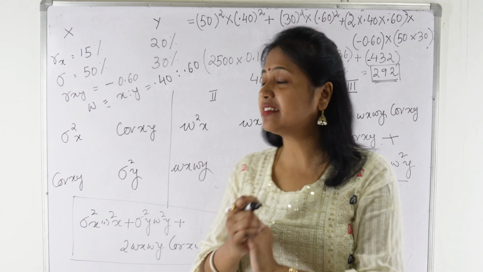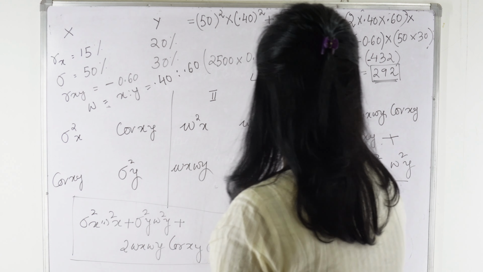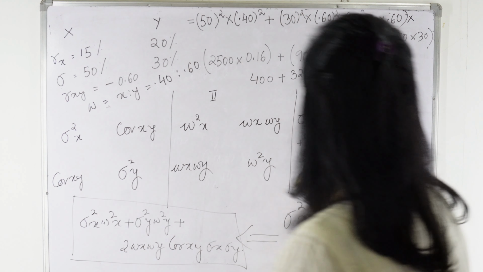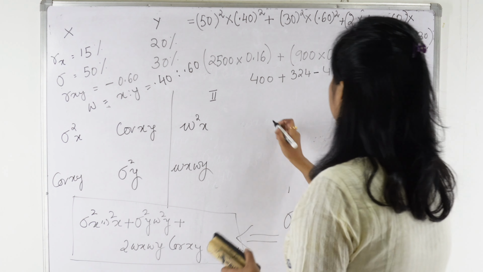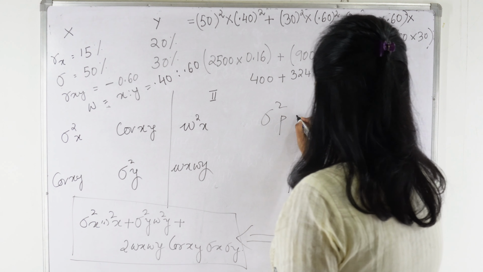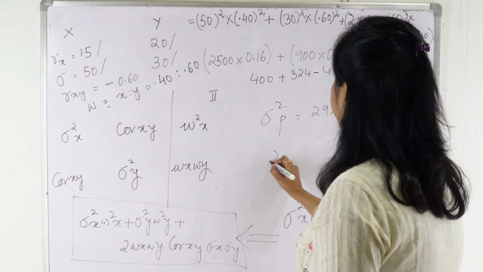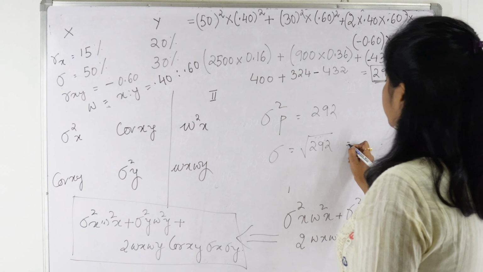So friends, this is the variance of the portfolio, which I have told you before that if the variance of the portfolio is known, here it is 292, and if I take the square root of this, I get the standard deviation, square root of 292.